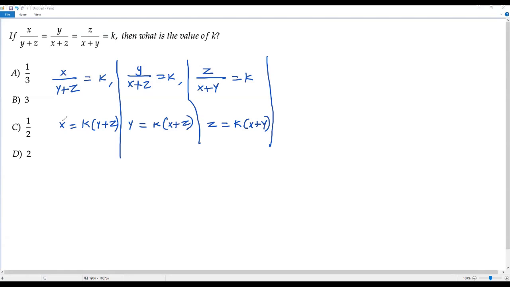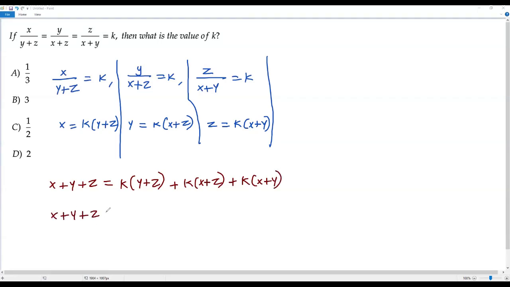Now let me add these three quantities x, y and z. So x plus y plus z is equal to, now for x we can plug in this one, that is k times y plus z, and for y we can plug in this one, that is k times x plus z, and for z over here we can plug in this, that is k times x plus y. So we get x plus y plus z, the same on the left side.